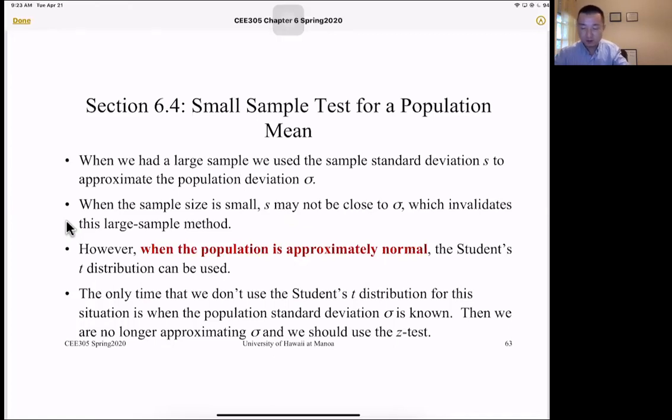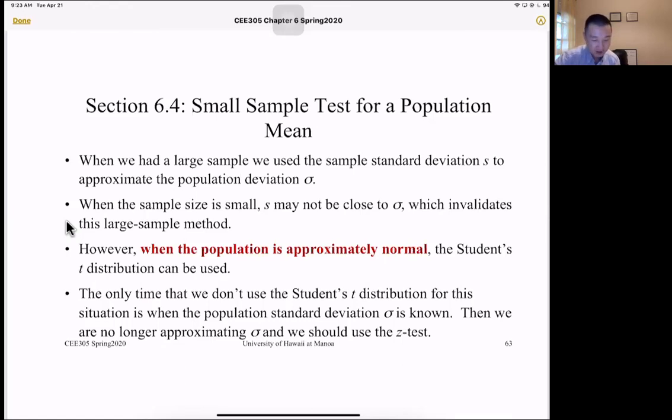From the central limit theorem, chapter 5, we also have the small sample confidence interval for population mean. And we learned from there that we use the Student's t distribution instead of the Z table.